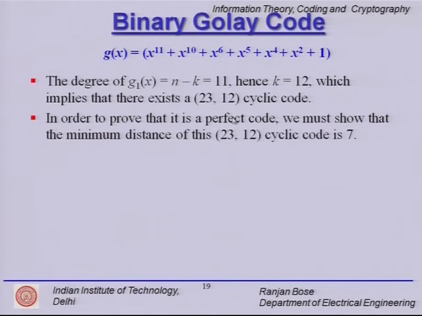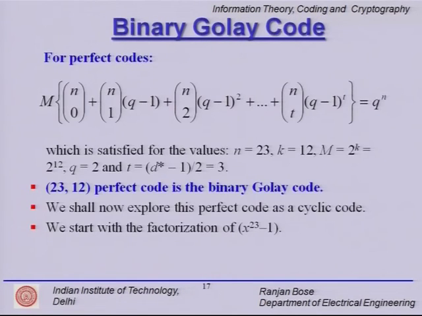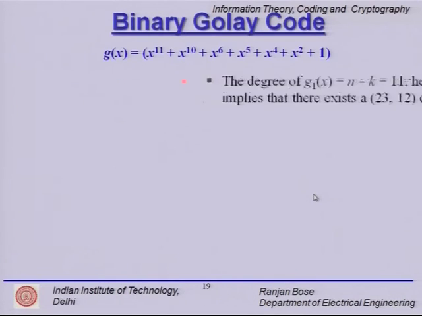Now, in order to prove that it is a perfect code, we should also show that the minimum distance is 7. Why? Because, if you see in our previous slide, we wanted t equal to 3. It should be able to correct 3 errors, and we have got n = 23, k = 12, but d needs to be shown, t needs to be shown equal to 3.